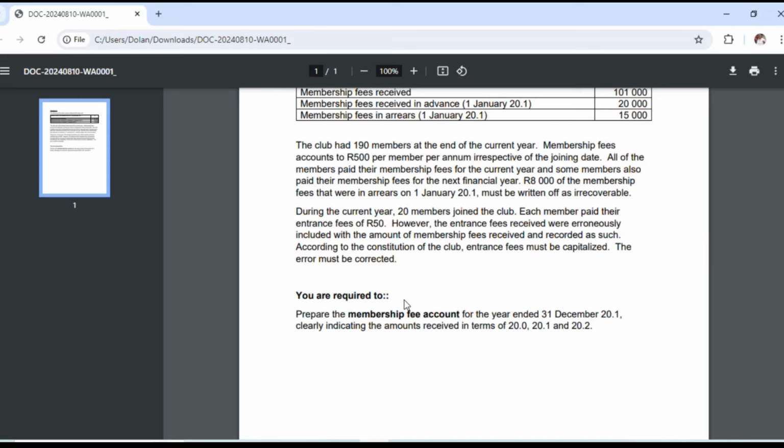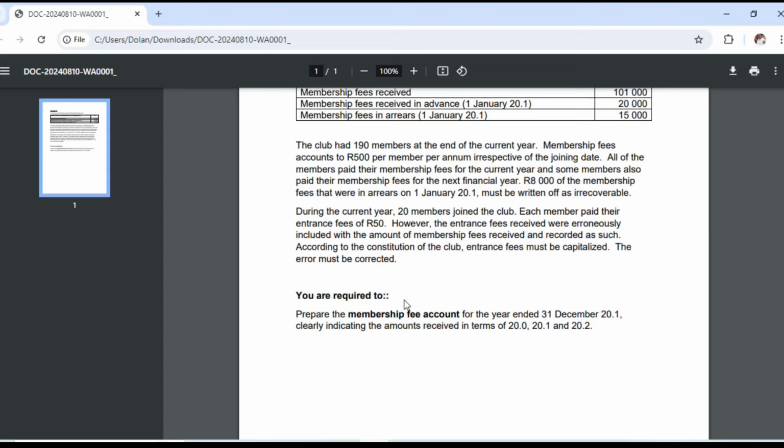Each member paid their entrance fees of 50 rand. However, the entrance fees received were erroneously included with the amount of membership fees received and recorded as such. According to the constitution of the club, entrance fees must be capitalized. The error must be corrected.